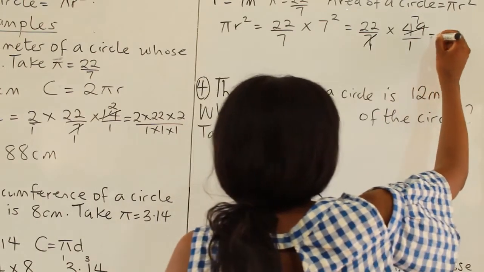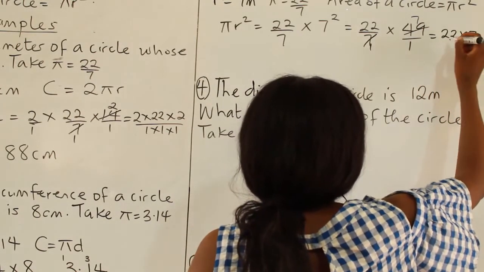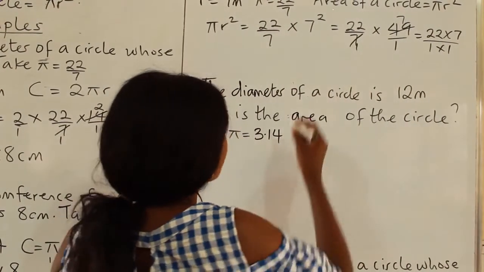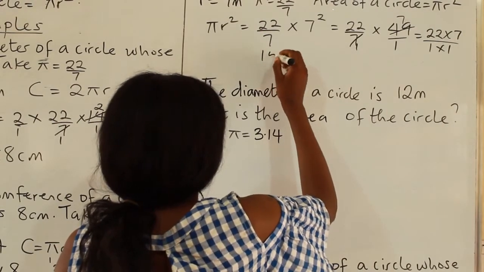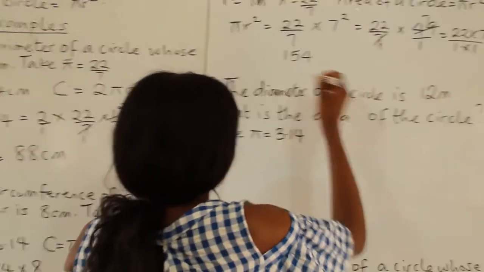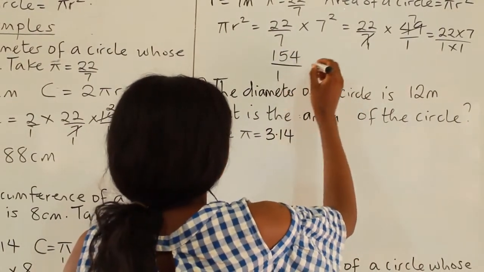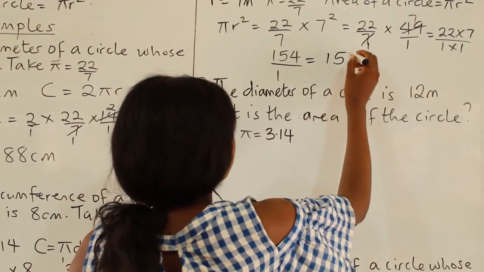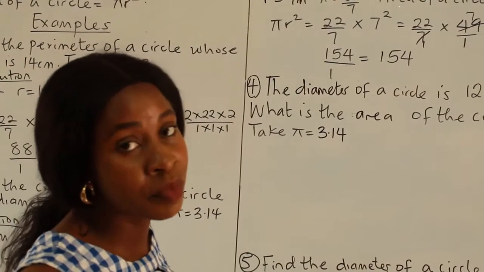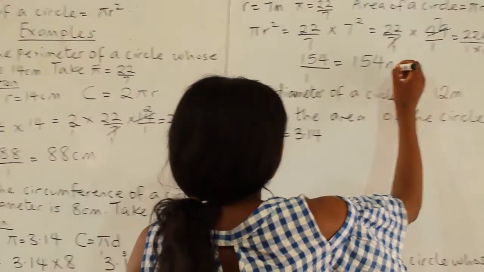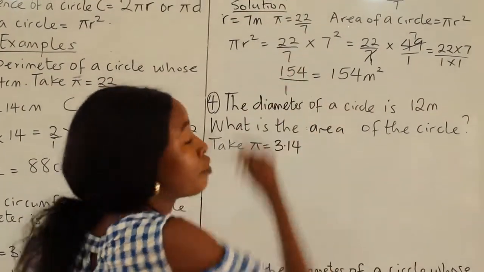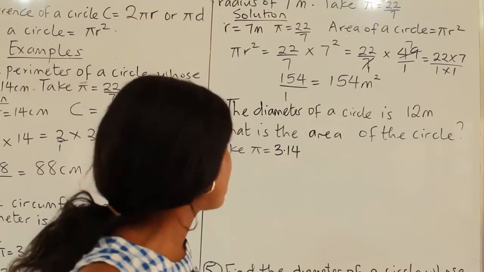So we have 22 times 7 over 1 times 1. 22 times 7 is 154. And you multiply 1 times 1 to give you 1. 154 divided by 1 is 154. And the unit of this area is meters squared. We're writing meters squared because our radius given from the question is 7 meters.